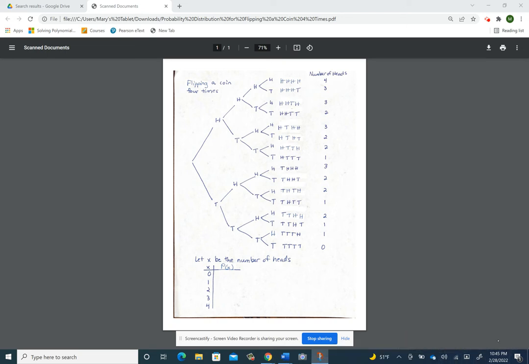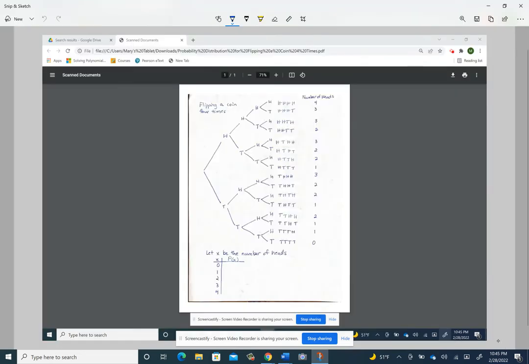Let me try that. All right, so let me see if I can write on it now. Yeah. All right, so here we have 16 possible results, 16 outcomes you could have after flipping a coin 4 times. And you've got them all there in front of you.